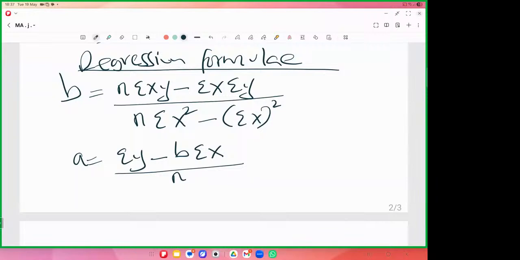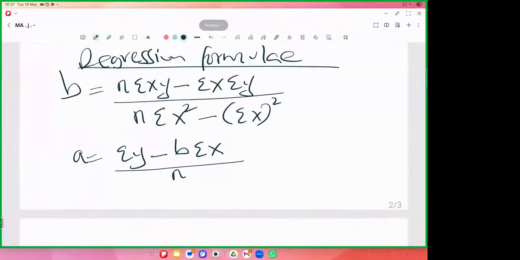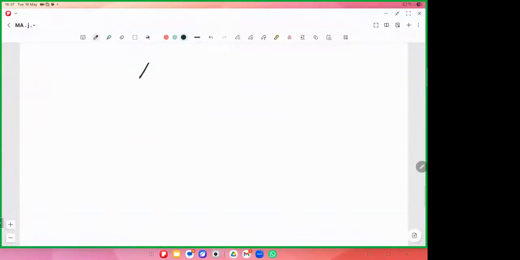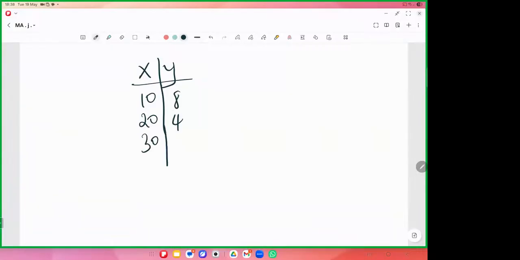My very good students, listen to me very well. When we have figures like this, x, y, maybe we have 10, 20, 30, 8, 4, 9, you can come and add 2 more columns.